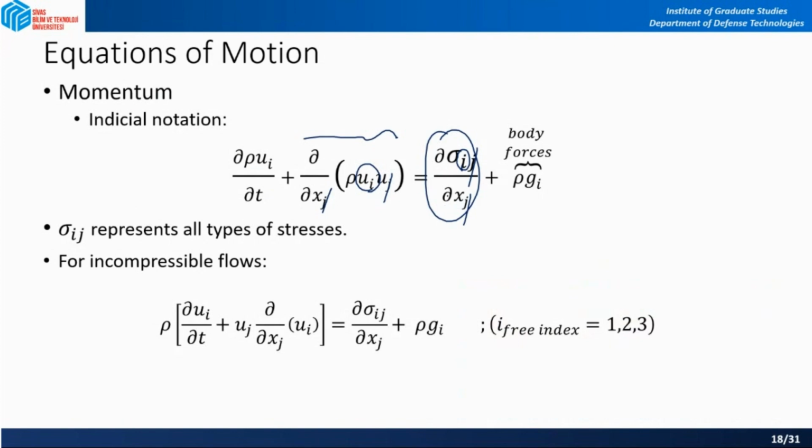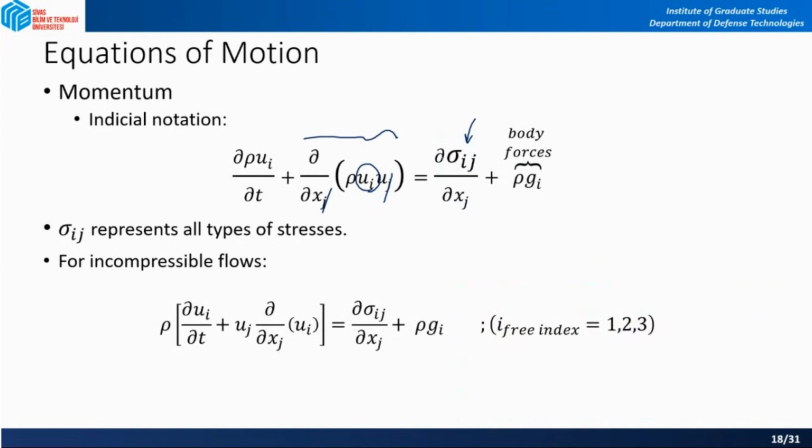This sigma ij that I have in here represents all the stresses that I can have inside the flow.